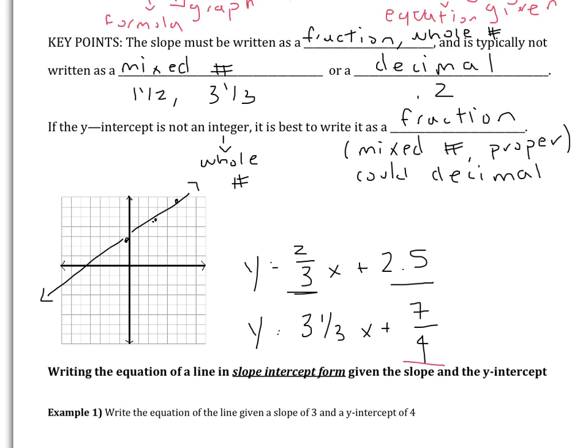I would have to reduce that and figure out where it would be as a decimal, because I don't know what 7/4 is, where I'd put that on my y. And then 3 1/3, I don't know how much I'm rising and how much I'm running. So I'd have to change it into a fraction anyways, so that I can figure out how much do I run and how much do I rise. Right? So that's why we write them the way we do.